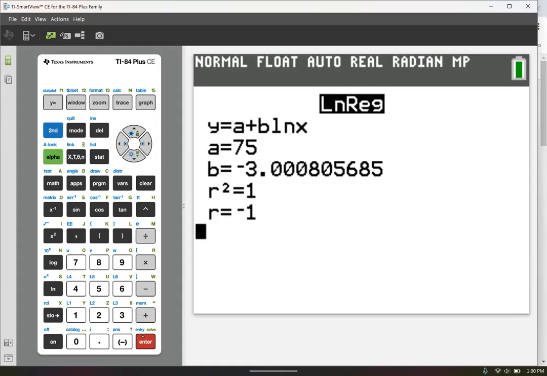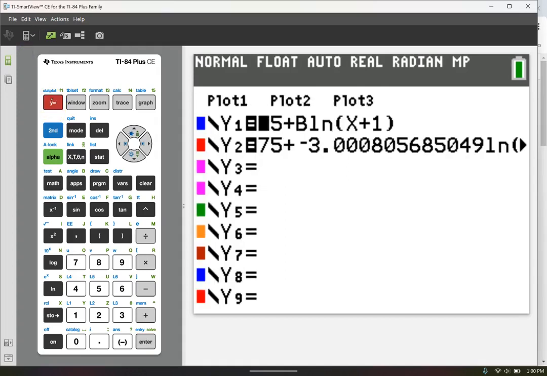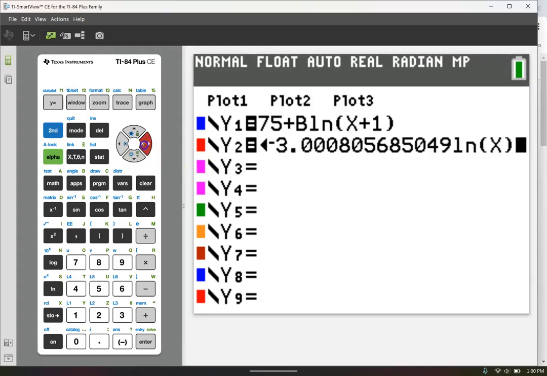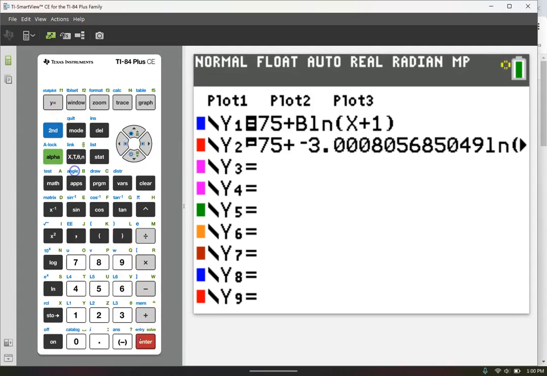Okay. But again, notice, like I said, it's a plus b natural log of just x. So if this is the way I went around it, I would need to adjust my equation to have the x plus 1. So I'd have to go down here and go all the way over here and change that to plus 1. And now those two equations are identical. Okay?